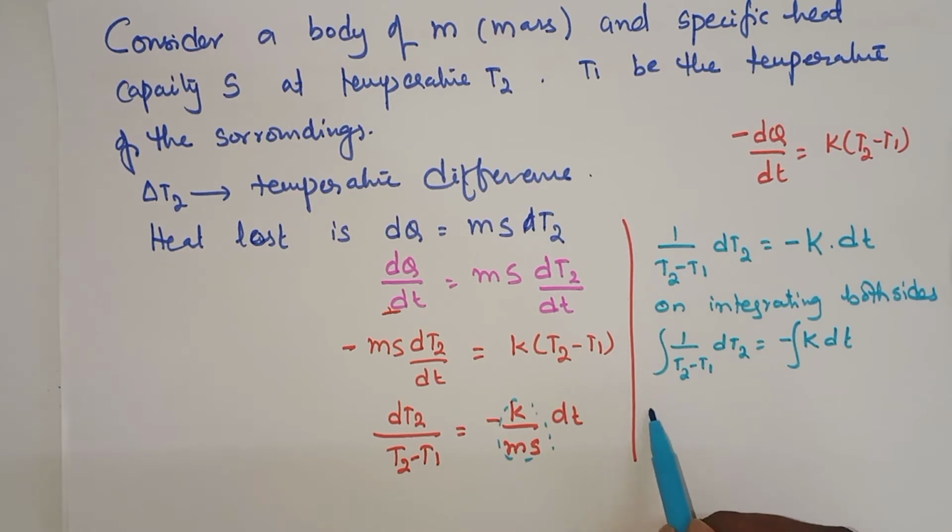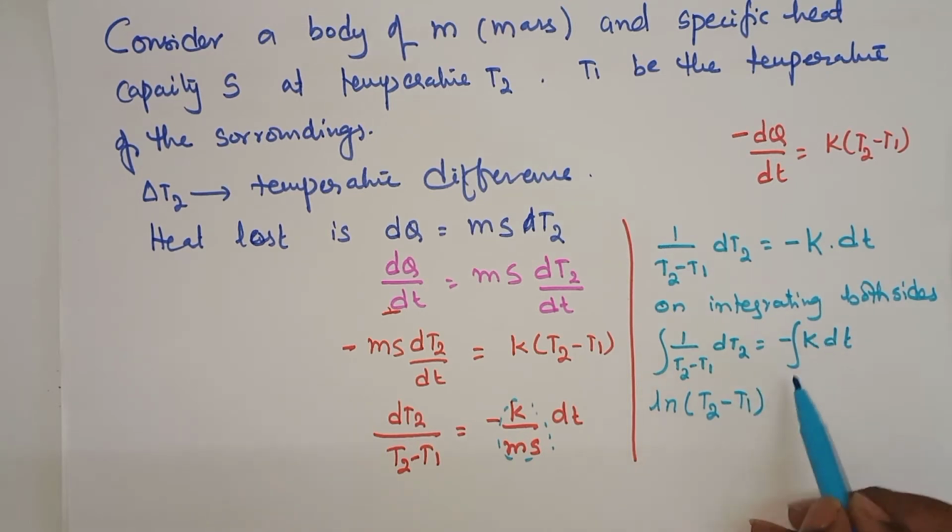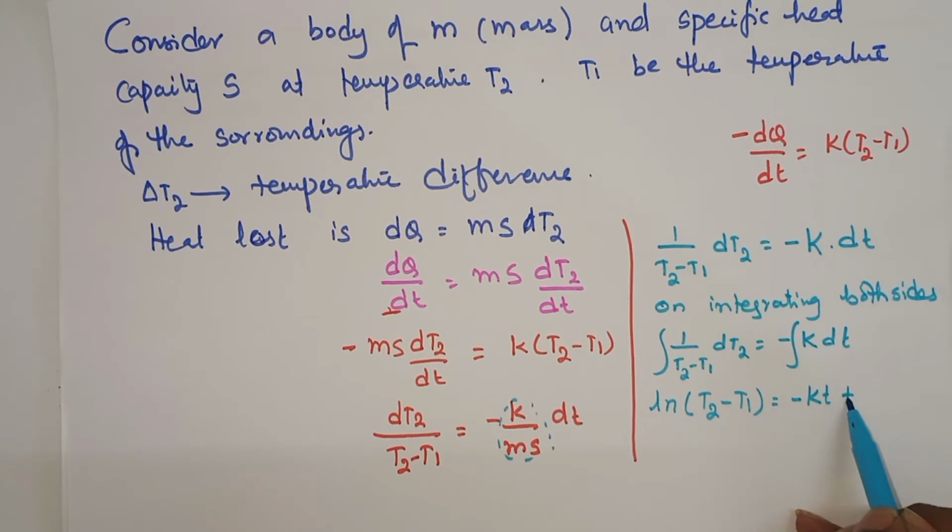It's the natural logarithm, ln of T2 minus T1, and what you will get is minus Kt plus c, where c is the integration constant, which is very familiar in mathematics.